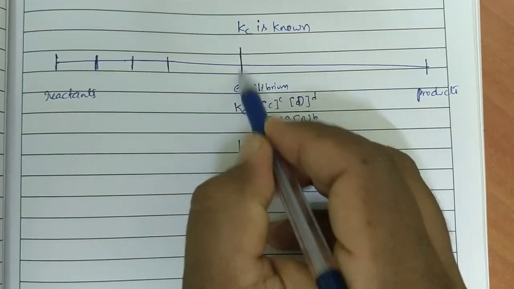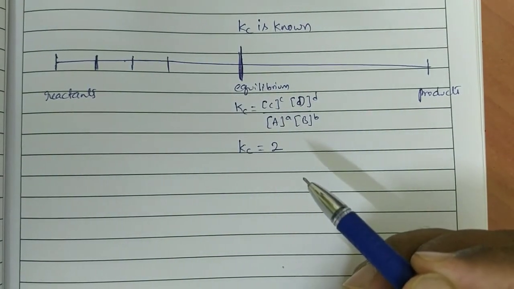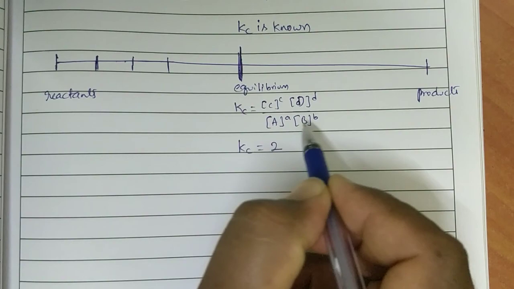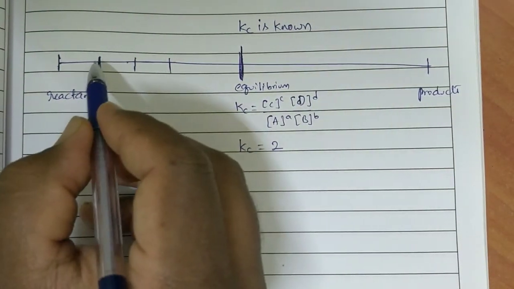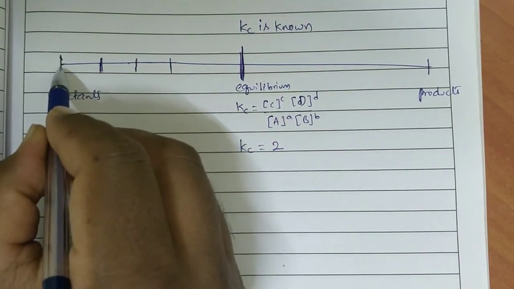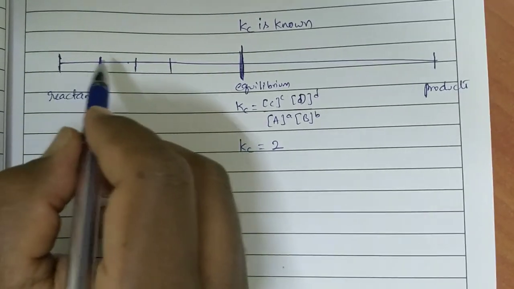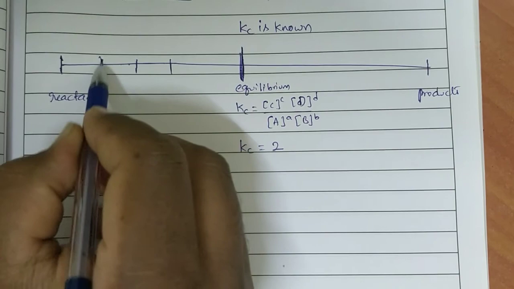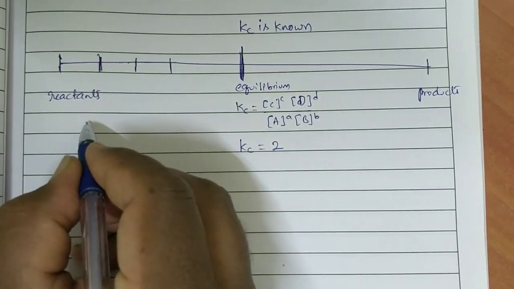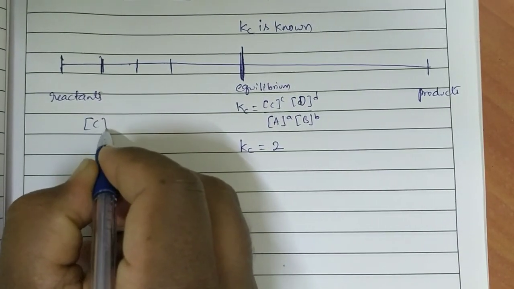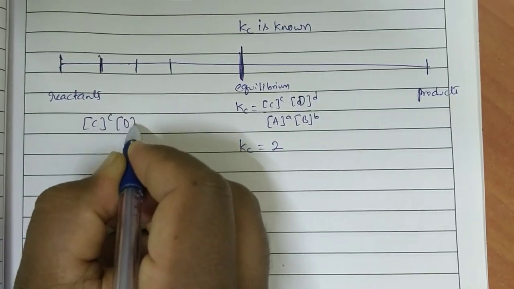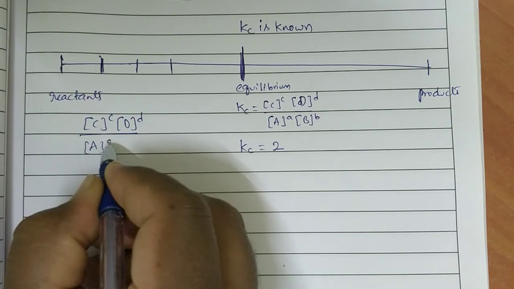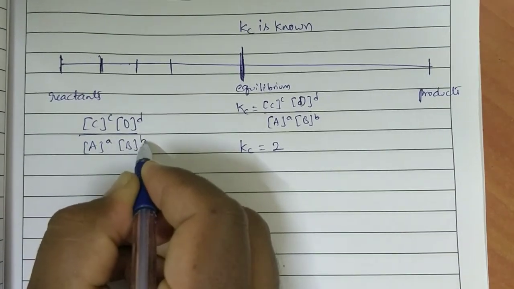That is this point. Now, what am I going to do? The same formula I am going to apply at different points. Suppose reactants are converted to products; now the reaction has started. Slowly I observed at this point and applied the formula: concentration of C power c into concentration of D power d divided by concentration of A power a into concentration of B power b.